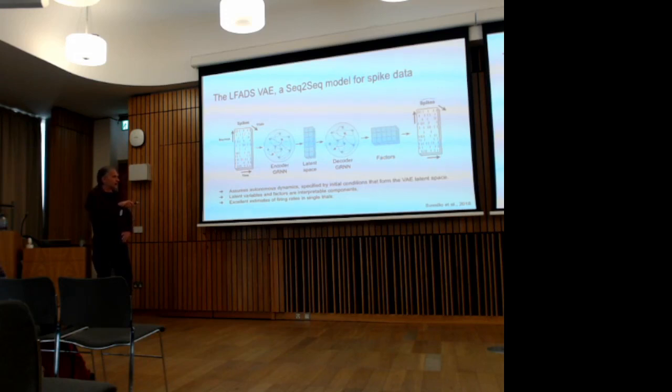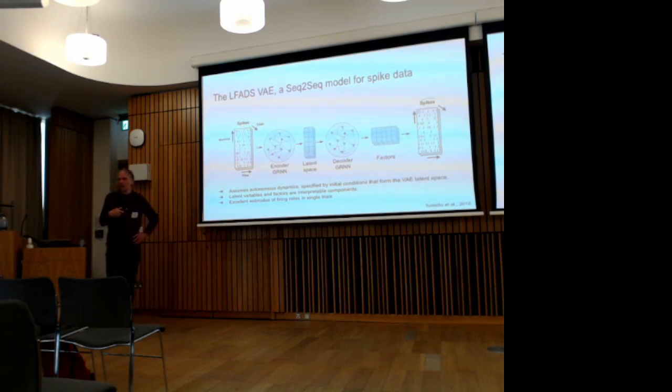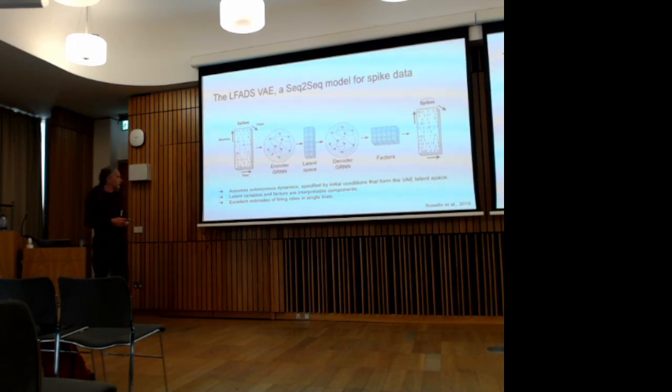And from these factors, we then go back to the inferred spikes. In terms of transformations, what the factors really model are log firing rates, and the transformation to spikes follows from that. Yeah, I think this is roughly in a nutshell how this model functions.